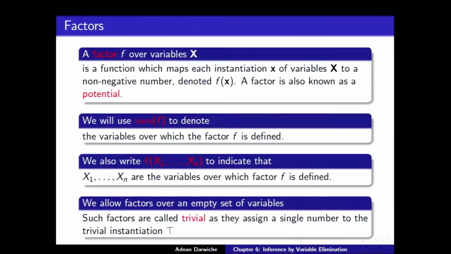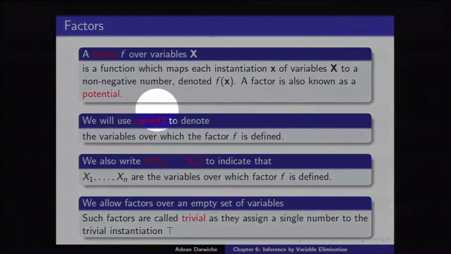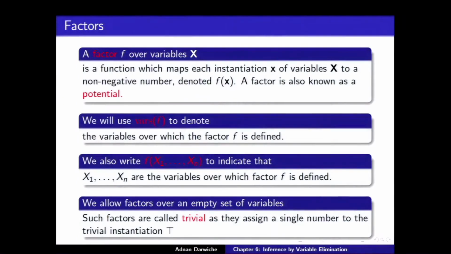And since we're going to be working a lot with them, we will also use some further notation. If f is a factor, then vars of f are the variables mentioned in the factor. Sometimes we will write this to mean a factor over the variables x1 through xn. And again, remember our notation. This one is a set of variables. This one is an instantiation of these variables. So really a factor is mapping these small x's into numbers.